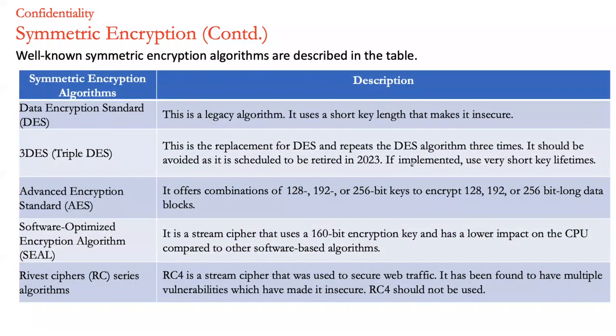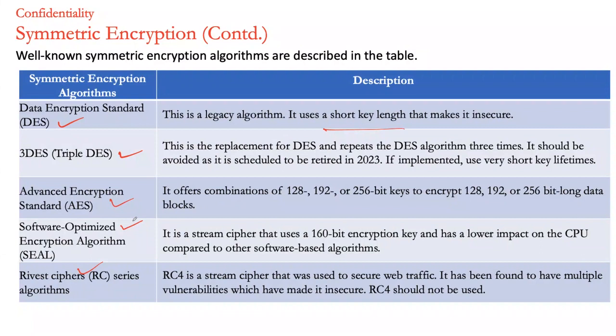So the well-known symmetric encryption algorithms are DES, triple DES, advanced encryption standard, software optimized encryption algorithm, and the RC algorithms, which we call the Rivest cipher series. How do they differ from each other? DES uses a short key length, whereas triple DES is the replacement of DES, which repeats the DES algorithm 3 times instead of 1 time.